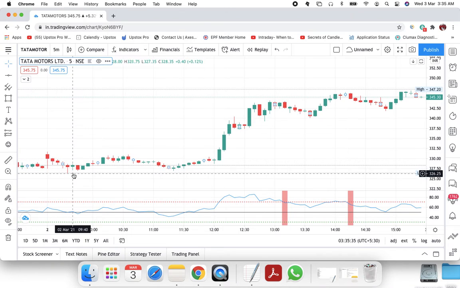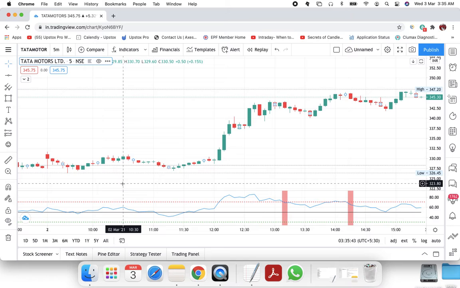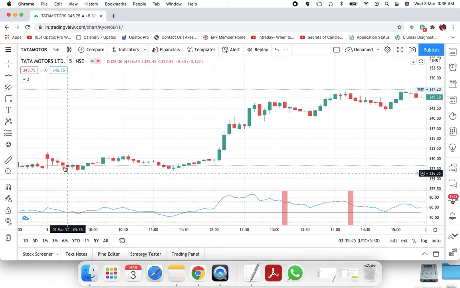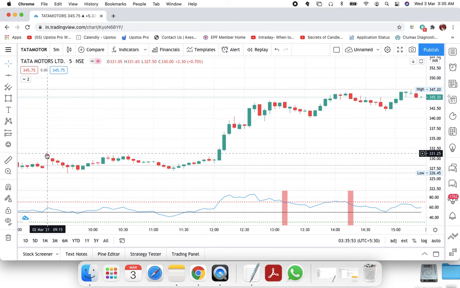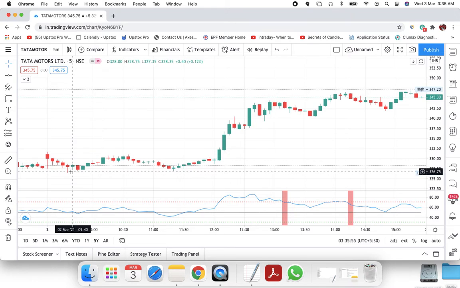If you see all these 5 candles, they represent the sellers are active. If you are an intraday trader, you can easily make 2 to 3 rupees profit in this particular area.